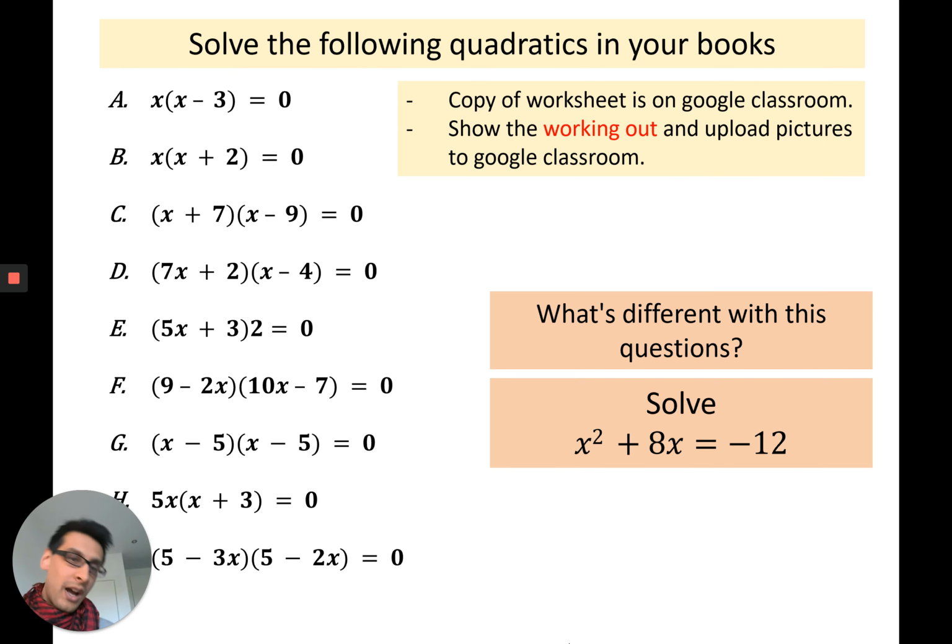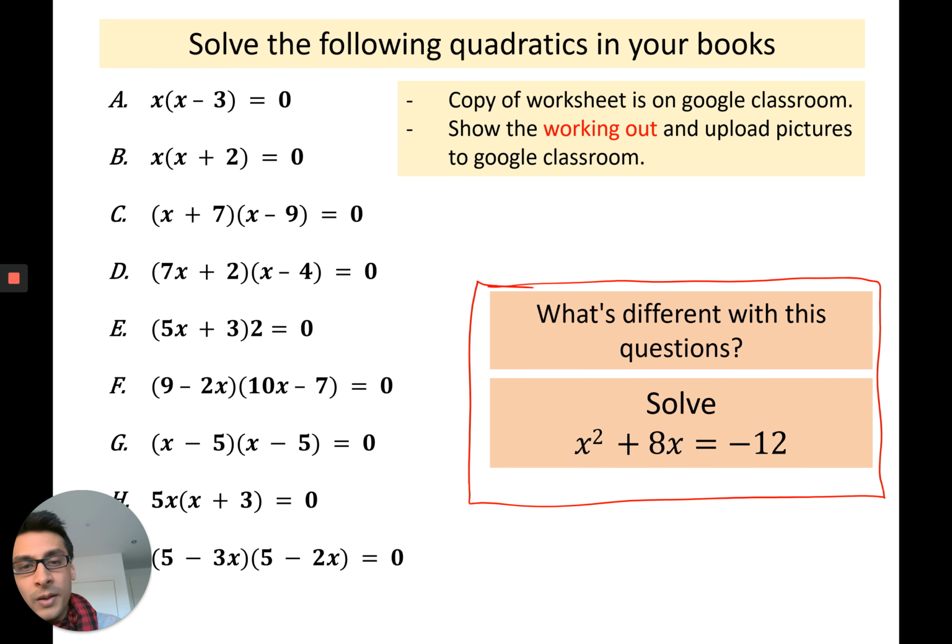So what you have just been doing is the questions on the left-hand side. I want you to compare the questions on the left with the question in this red box here. What do you notice is different about this question compared to the questions on the left? You should notice two different things. One of those things is that it's not factorized, because there's no brackets there.